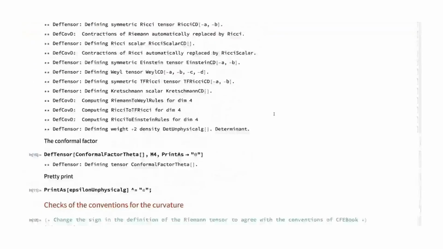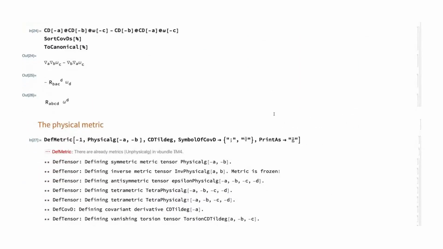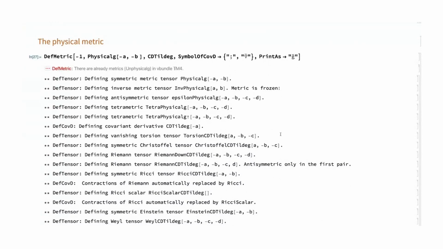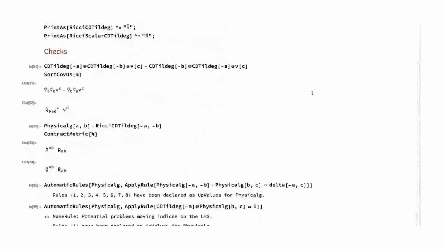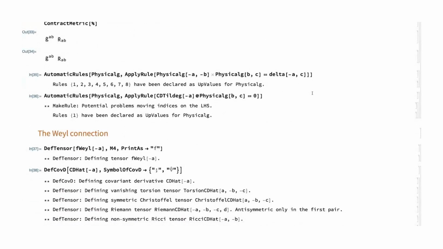Then you also define the metric on the physical manifold, which carries a tilde, as you can see here. And also there are a lot of checks. And then it turns out that besides this, you can also obtain some generalizations of these conformal field equations that are not associated to Levi-Civita connections.